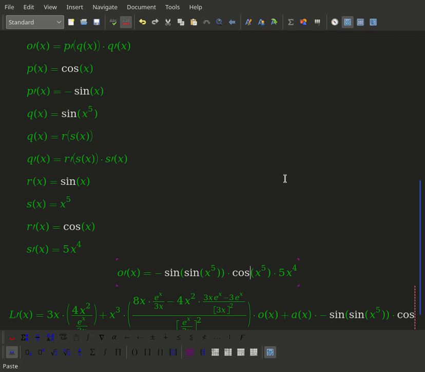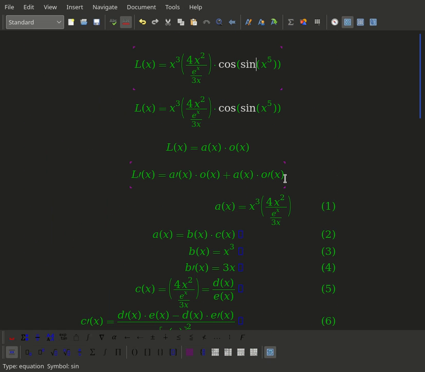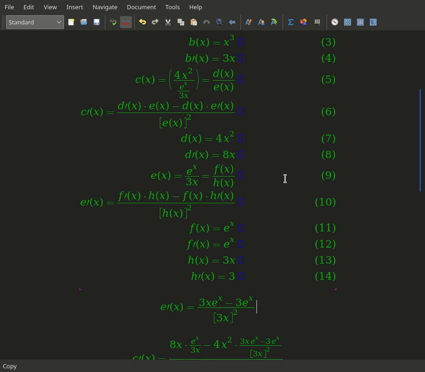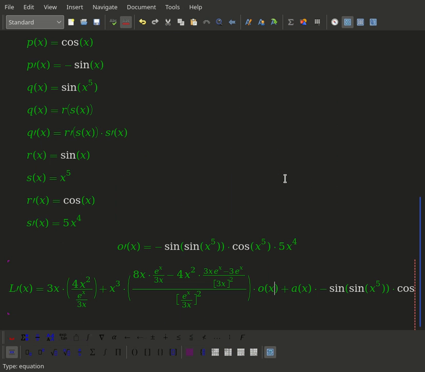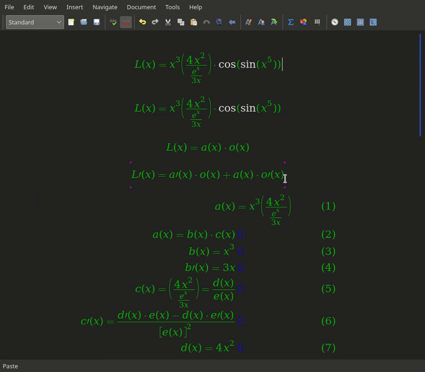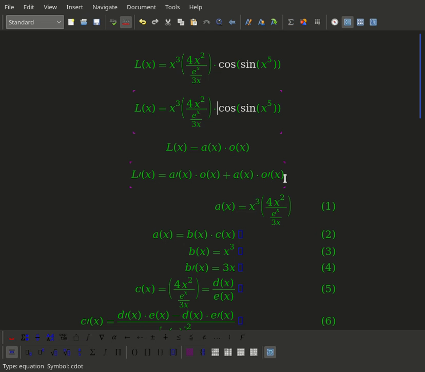There you go. O of x, that's an easy one. O of x is just this right-hand side, the original one. There we go. Down to the bottom, O of x is that. A of x is also the original left-hand side of this thing.